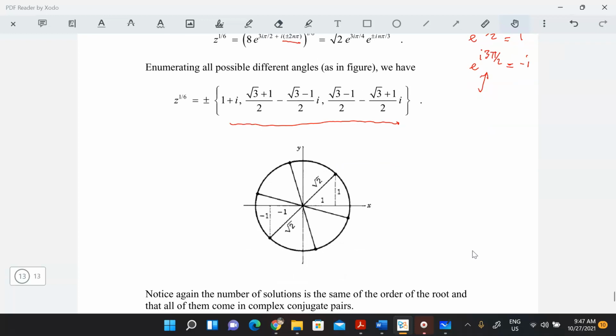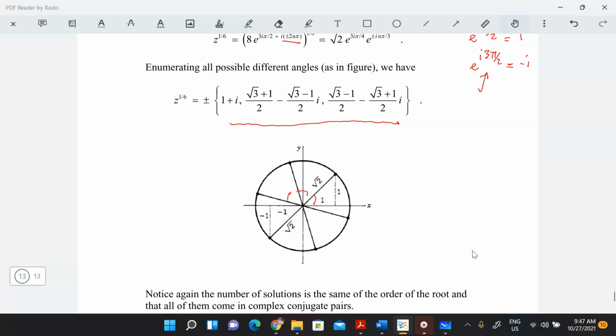A circle of radius square root 2, and then you have the points, so you can plot the roots one by one where they are. They are equidistant apart on the circle. You can try to find out what's the angle of this, what's the angle of that, and they are all the same.